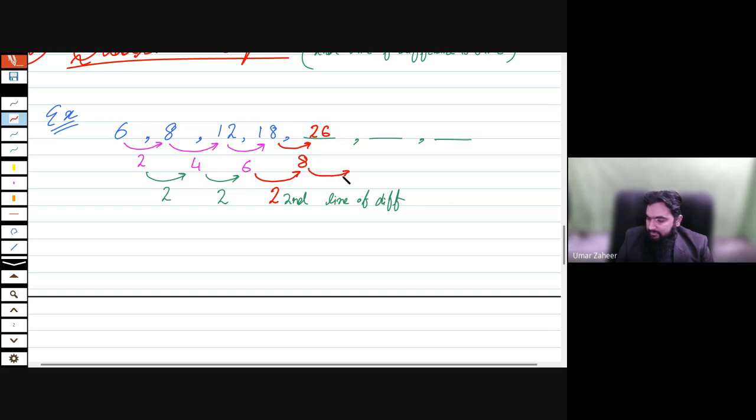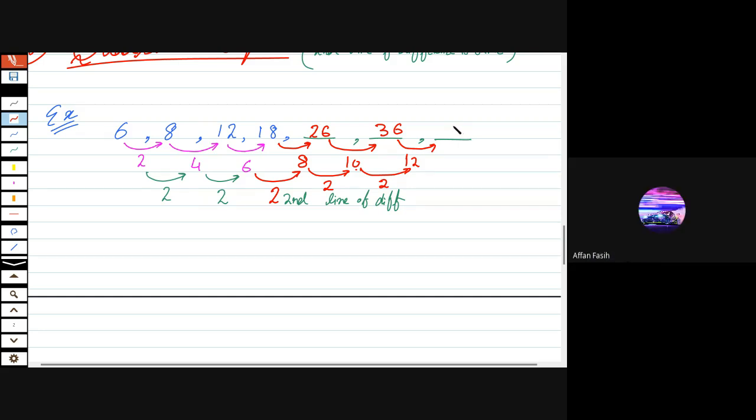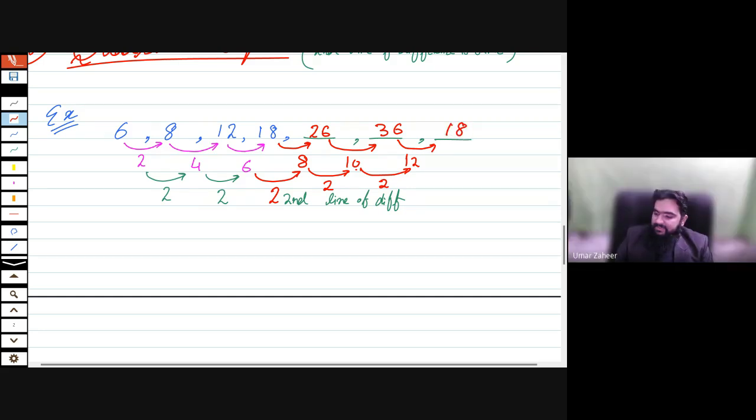Again, you have to add 2: 8 plus 2 will be 10. And 26 plus 10 will be 36. 10 plus 2 will be 12, and 36 plus 12 will be 48.